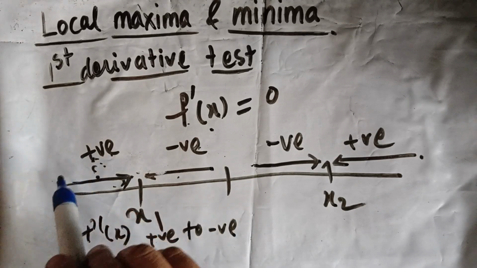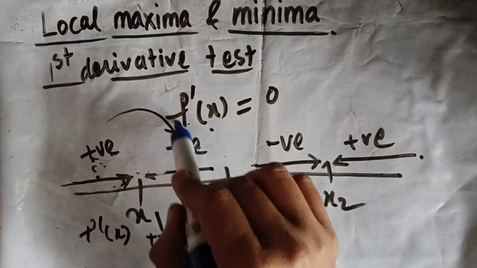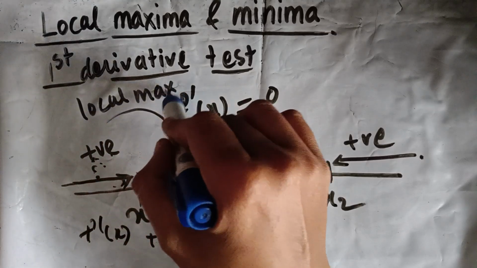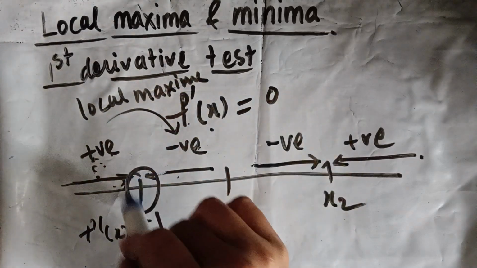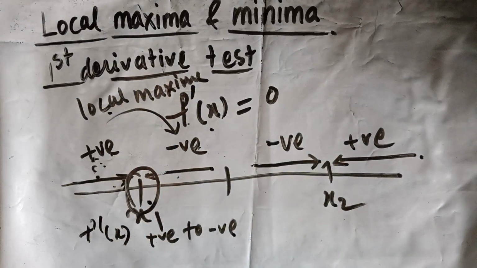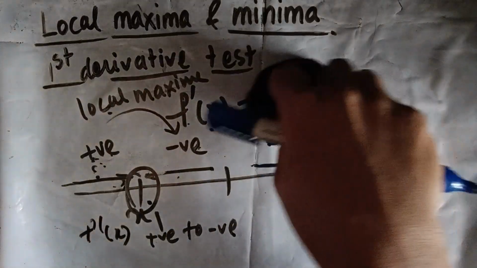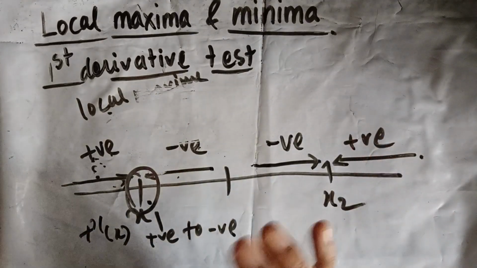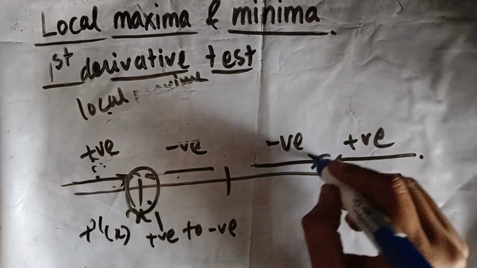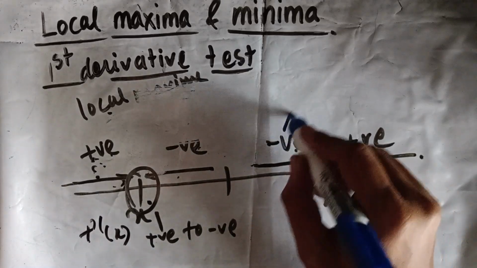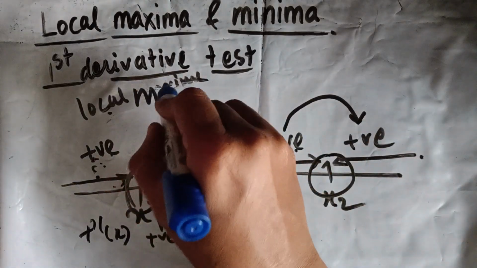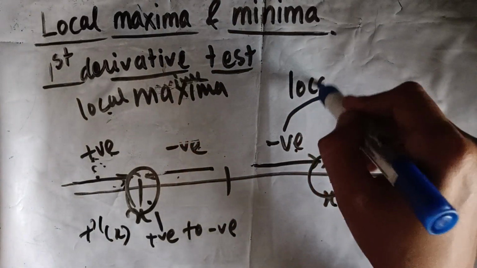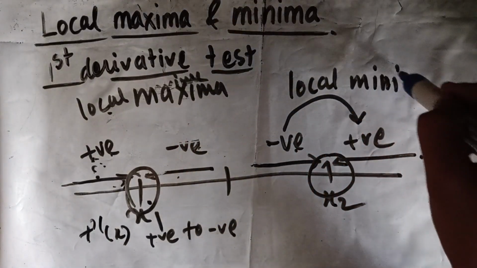Whenever it is changing sign from positive to negative, we say it to be local maxima. This point is local maxima. Then you have to put that point in f of x and you will get the maximum value. For this, it is changing sign from negative to positive, so this will be local minima.